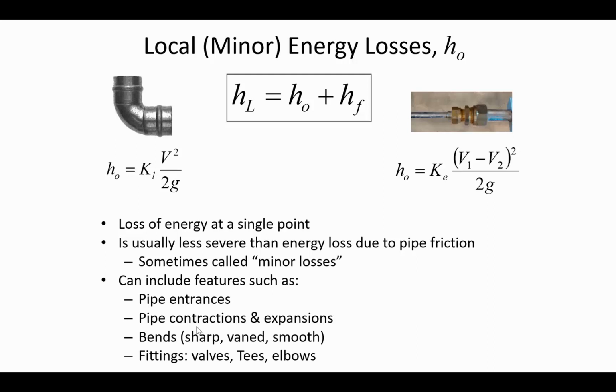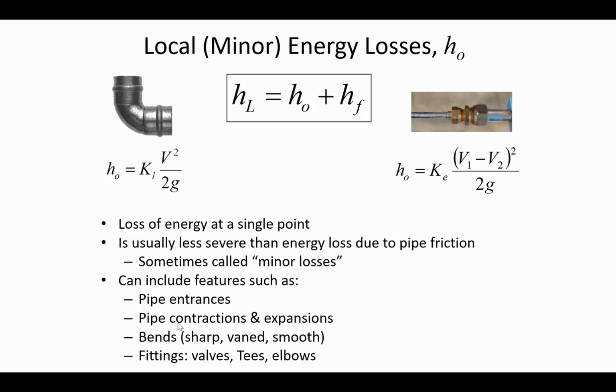Entrances where water is coming into a pipe from a tank can have losses, as can contractions and expansions, including a discharge outlet where a pipe is dumping into a tank, which would also be a location where there's a loss of the velocity head.